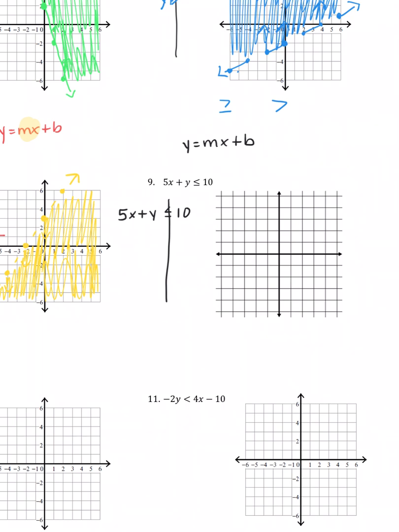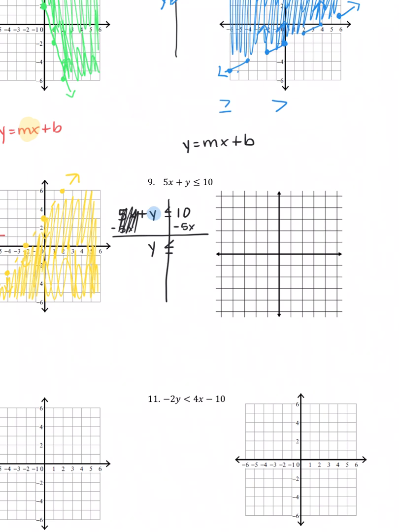Right now, I have that 5x there, and the only thing I want on this side is this y. So we've got to get rid of that 5x. Right now, it's a positive 5x. So to get rid of a positive 5x, I'm going to say minus 5x, minus 5x. These are gone, and I'm just left with a y right here, and a less than or equal to symbol in the middle.